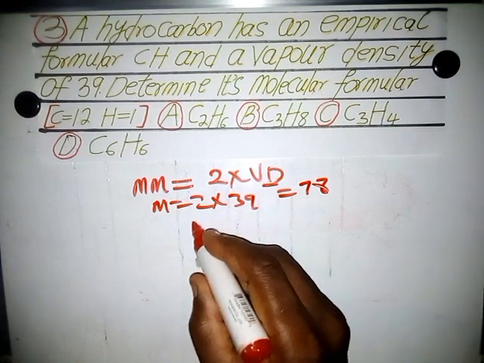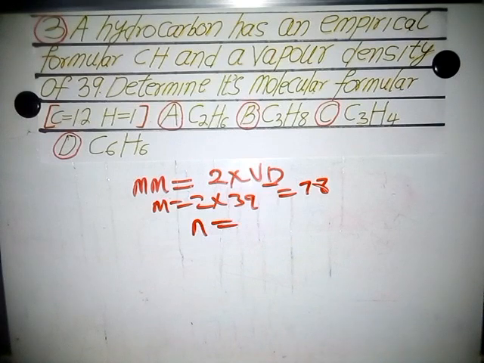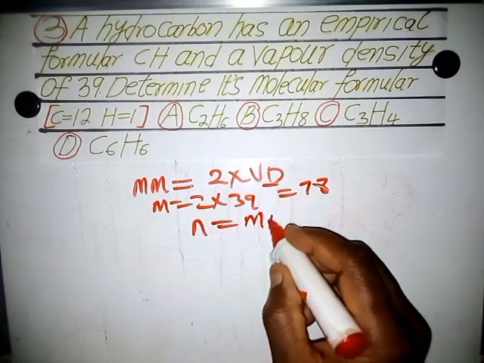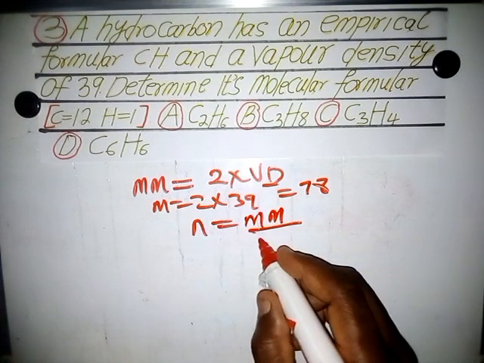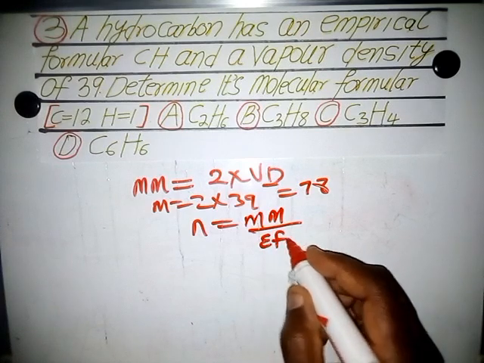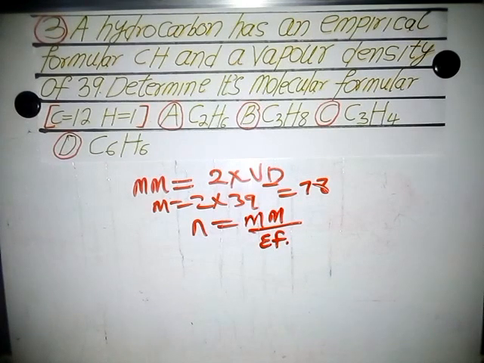Then there's this formula: N is equal to molar mass over the mass of the empirical formula.